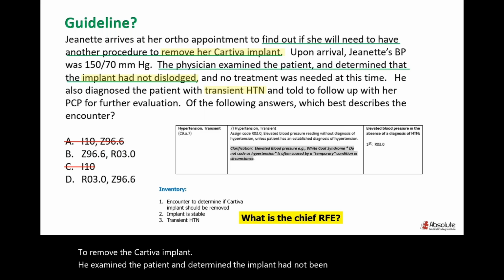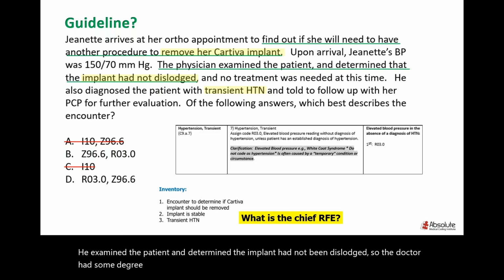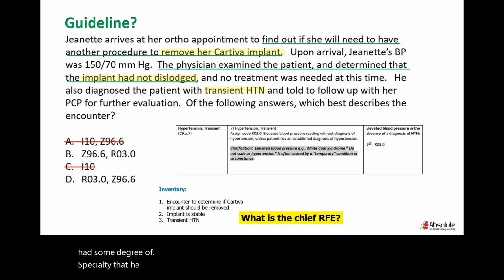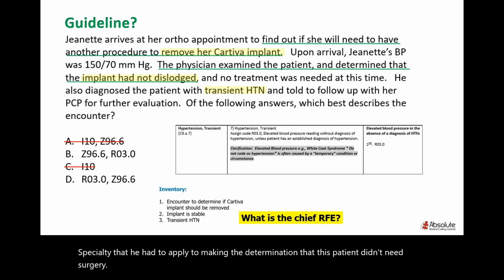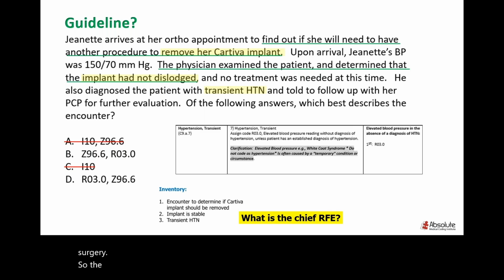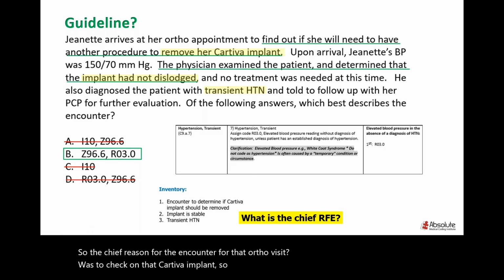So the doctor had some degree of specialty that he had to apply to making the determination that this patient didn't need surgery. So the chief reason for the encounter for that ortho visit was to check on that Cartiva implant. So we're going to use that encounter code.